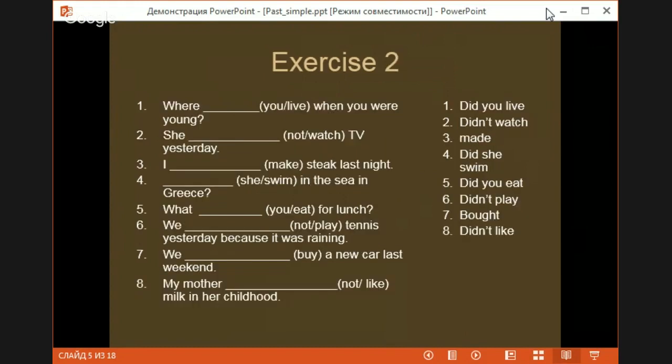Let's move on. A little exercise number 2. And here we already have the answers. It's just for you to observe the usage. I'll give you a couple of minutes.